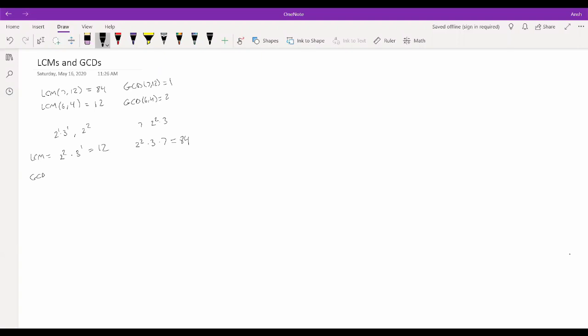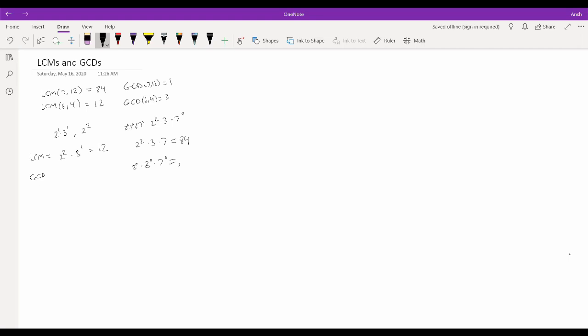We can see that the smallest power of 2 between the two is actually 2 to the 0, because you can write 7 as 2 to the 0 times 3 to the 0 times 5 to the 0 times 7 to the 1, etc. So that just becomes 1. And for 3, again, it's also 1 since there's a 3 to the 0. And then for 7, although 7 has a factor of 7, 12 does not. So we also take 7 to the 0 again, and this is just equal to 1.